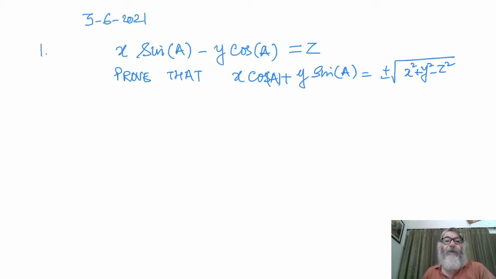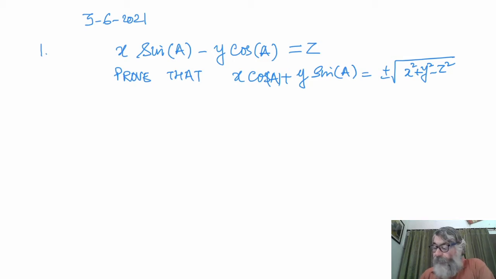He has given you one equation, x sin A minus y cos A is equal to z, and he wants you to prove x cos A plus y sin A is equal to plus minus under root x square plus y square minus z square.